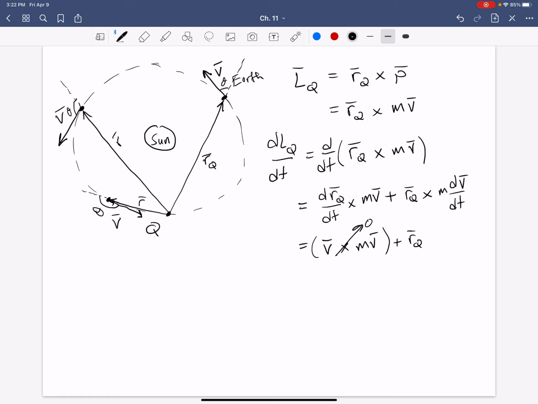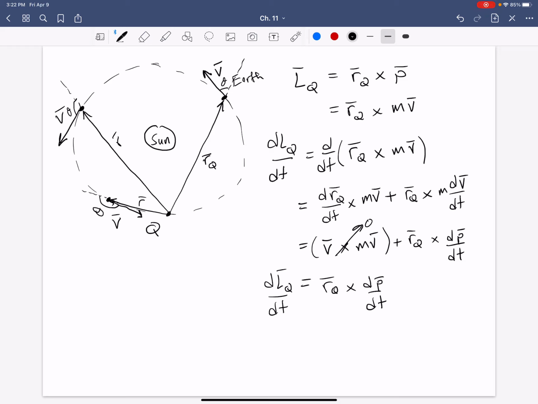I'm going to recombine this second term into p. And so what we have ultimately is r cross dp/dt, right? And that's equal to dL/dt.